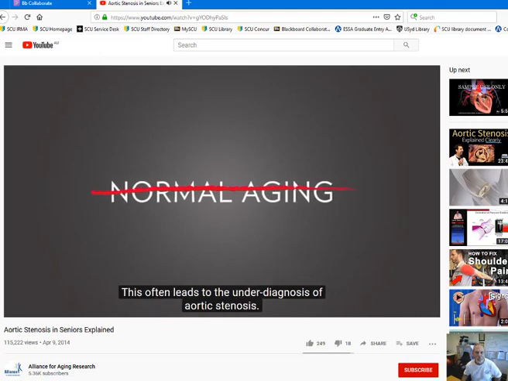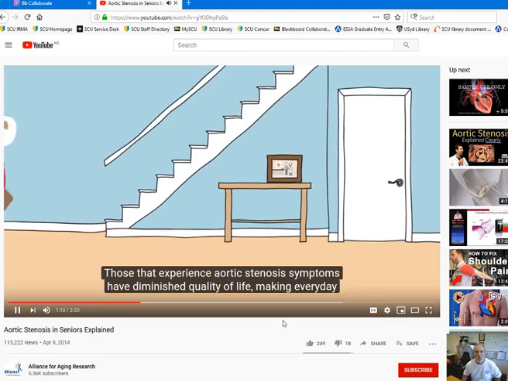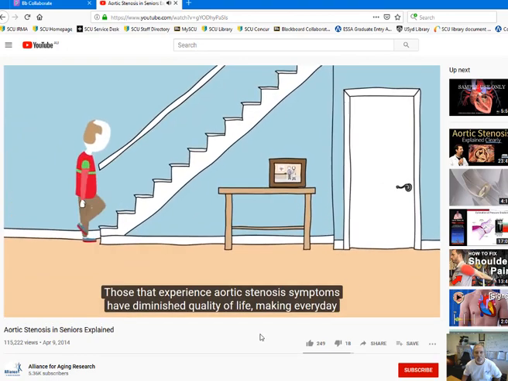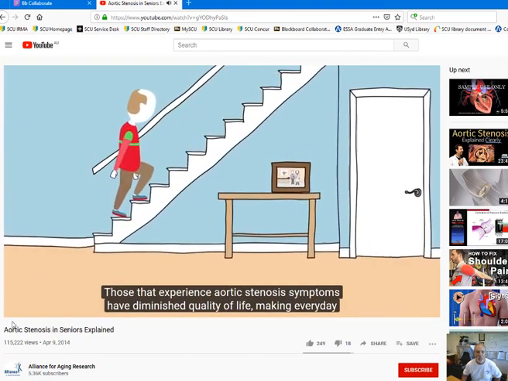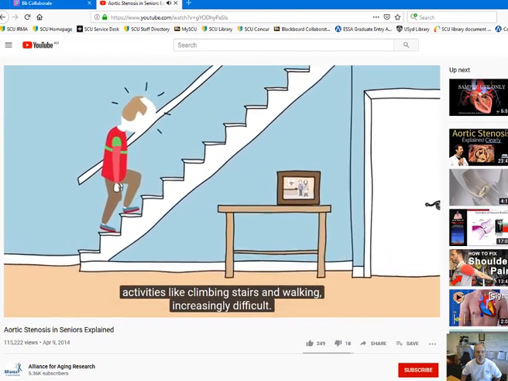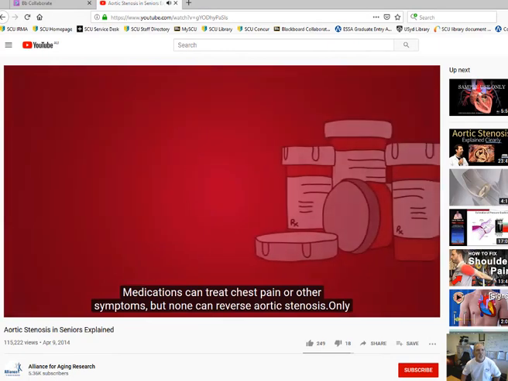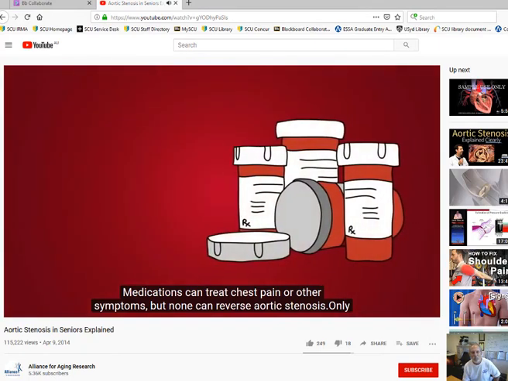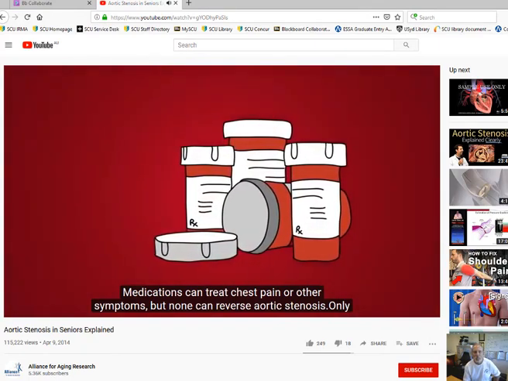This often leads to the underdiagnosis of aortic stenosis. Those that experience aortic stenosis symptoms have diminished quality of life, making everyday activities like climbing stairs and walking increasingly difficult. Medications can treat chest pain or other symptoms, but none can reverse aortic stenosis.